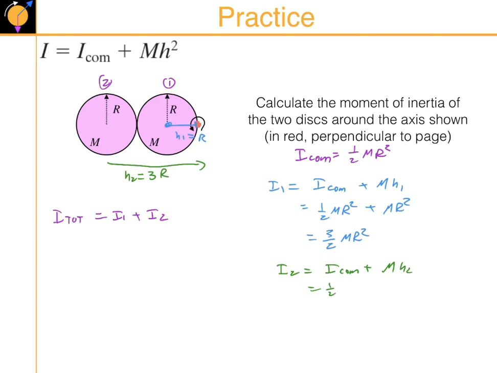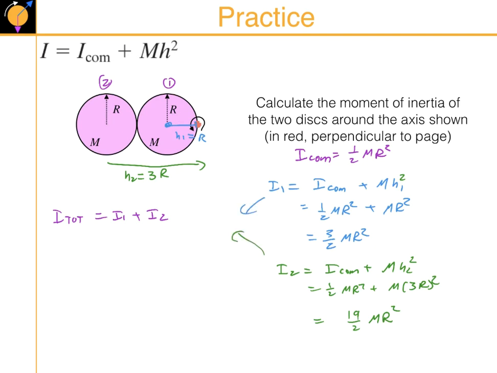So it'll be 1/2 m r squared plus m times 3r squared. And what do I get? When I collect everything, it looks similar to what we had before, 19/2 m r squared.